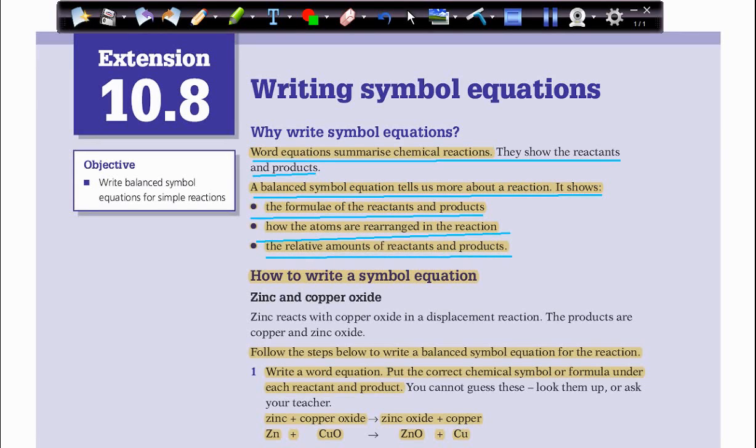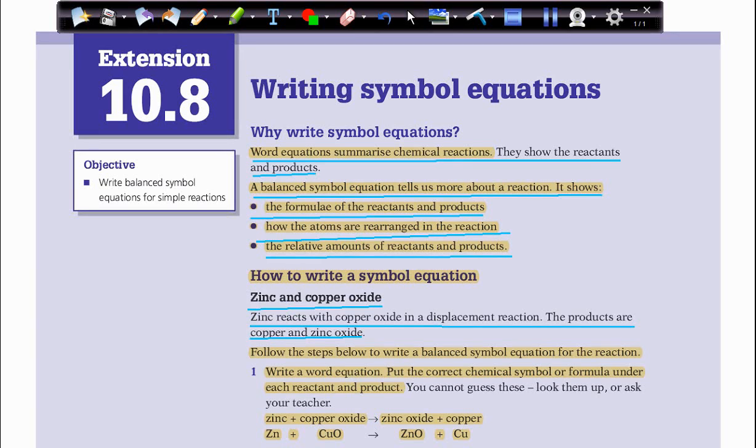How can we write the symbol equation? Let's take a look at zinc and copper oxide. Zinc reacts with copper oxide in a displacement reaction. The products are copper and zinc oxide. If we want to explain the reaction in this way, it will be hard to make people understand it.